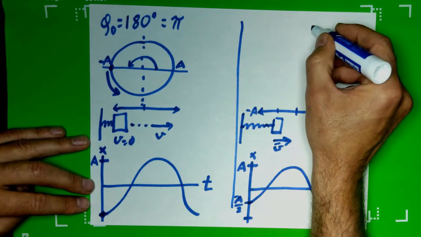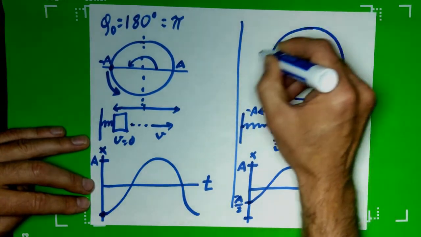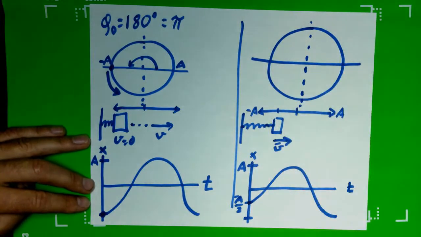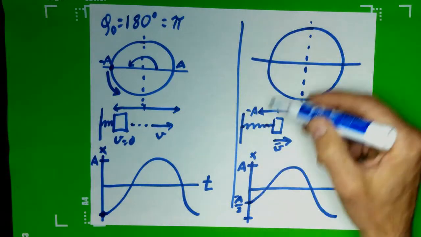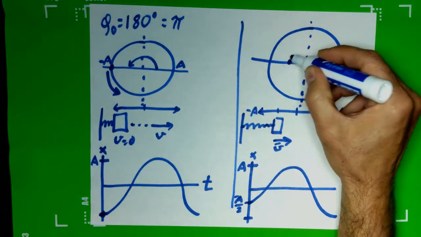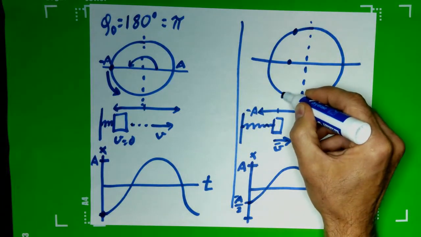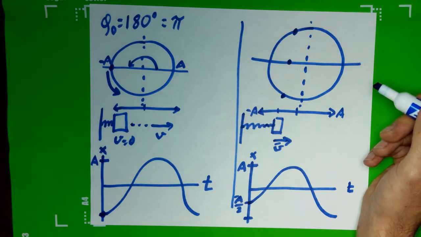So on our circle, where is it at on our circle? Okay, well, it's at negative A over 2. Well, negative A over 2 is right there, so that means it's either here or here. Which one is it? Which one is approaching 0?